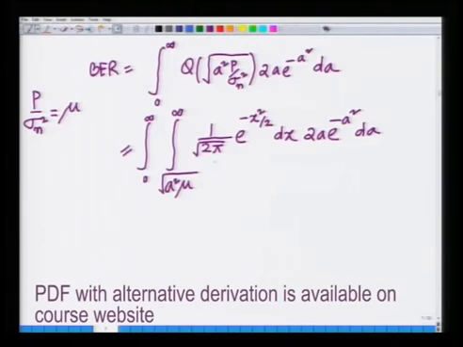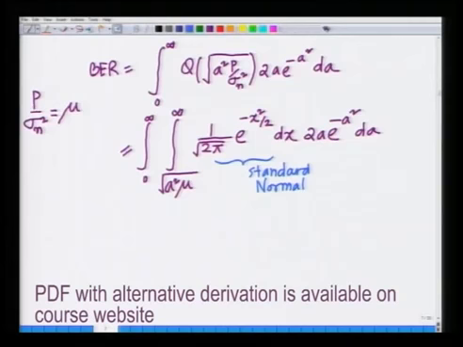As you can see, this is the standard normal random variable, so this is the cumulative distribution function, which is nothing but the integral of the standard normal variable.